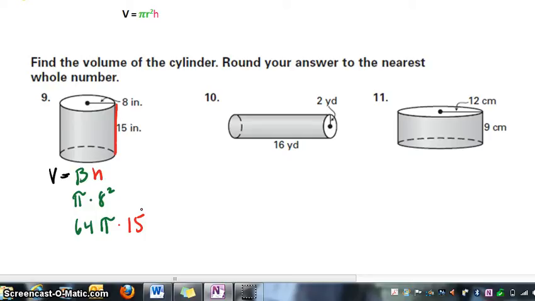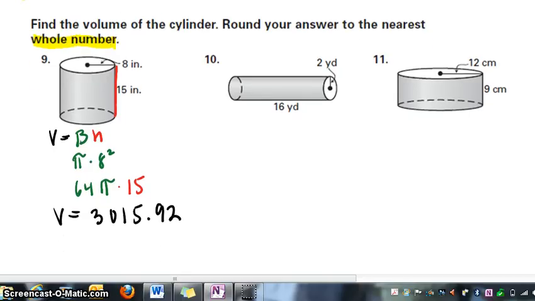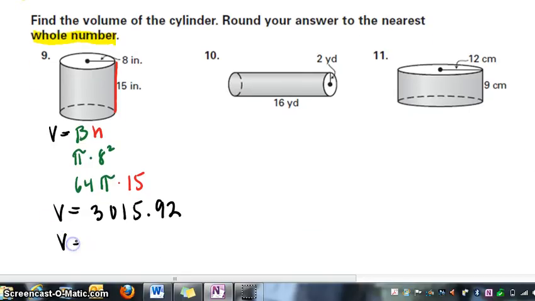And that's equal to, big number, you need to use a calculator, 3015.92. But it asks us to round to the nearest whole number, so we get an approximate answer of 3016, again, inches cubed because it's volume.